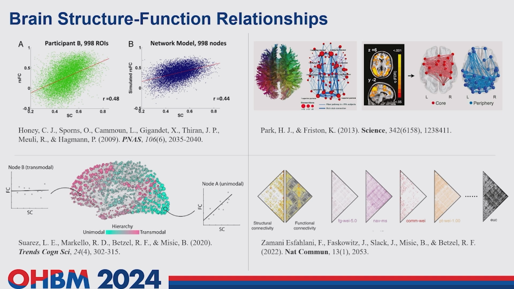Suarez's work is a wonderful review that summarizes the significant progress in the field over the past decade. And another work also investigates the local functional and structure relationship across the lifespan.